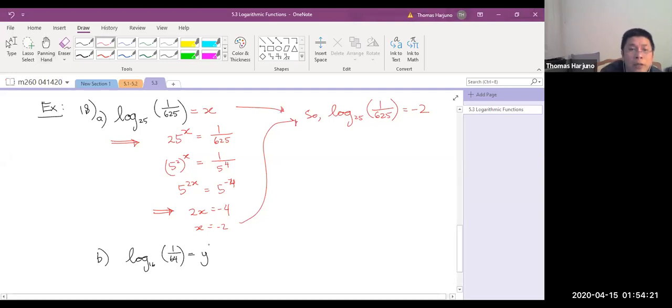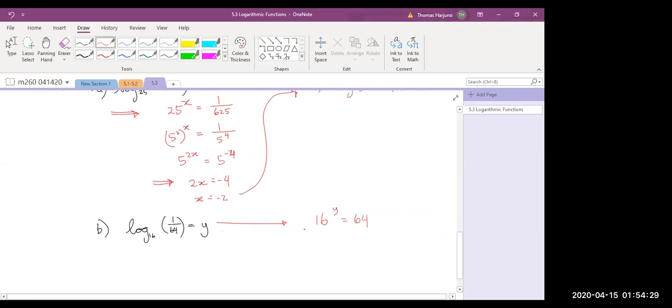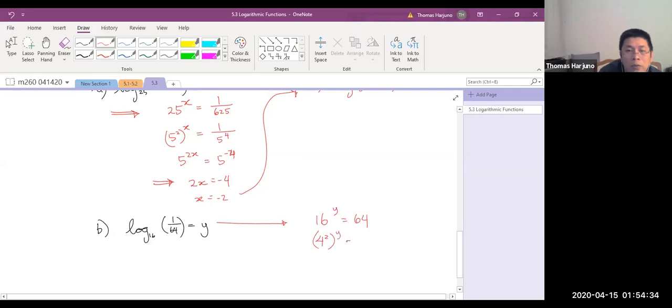So this will be 16 to the y equals 64. The common base is 4. So 4 squared to the y equals 4 cubed. So 4 to the 2y equals 4 cubed. So by one-to-oneness, 2y equals 3, y equals 3 halves.